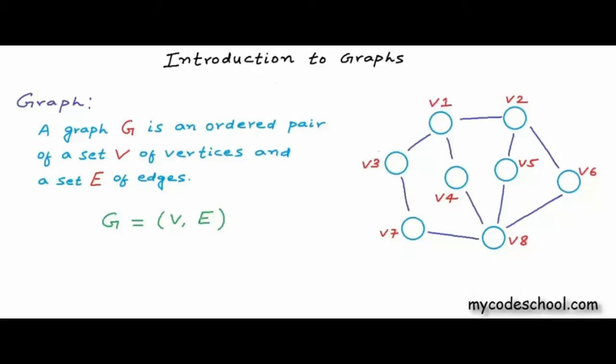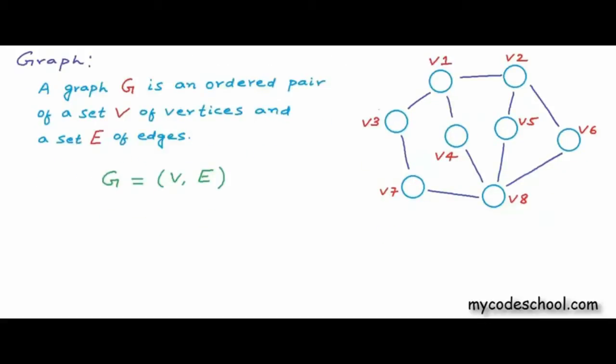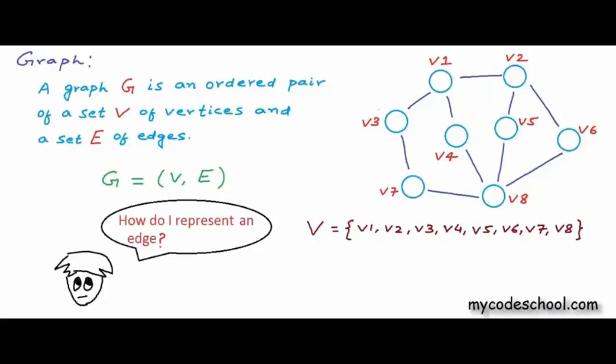There is no first, second and third node here. I could give any name to any node. So my set of vertices here is this. We have 8 elements in the set: V1, V2, V3, V4, V5, V6, V7 and V8. So this is my set of vertices for this graph. Now what's my set of edges? To answer this, we first need to know how to represent an edge.